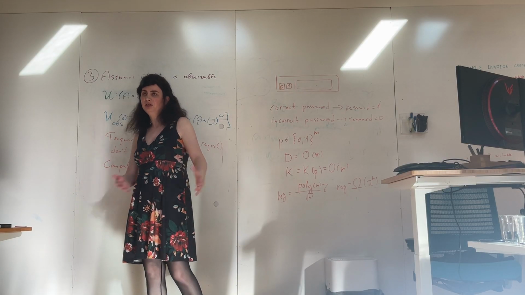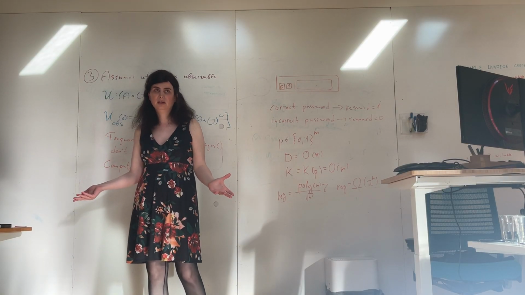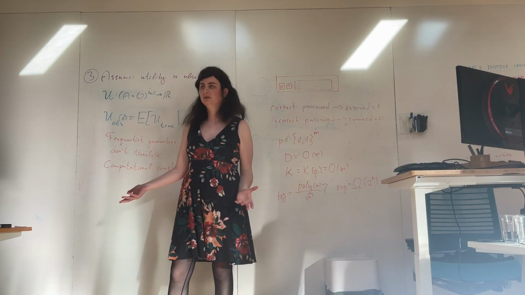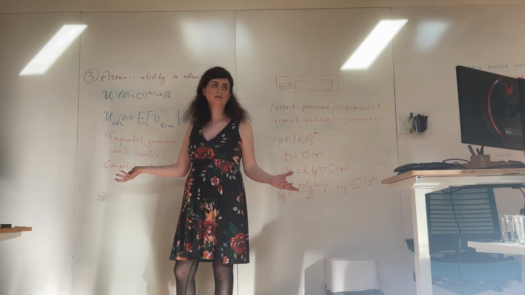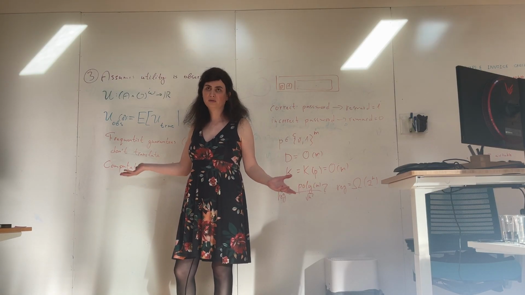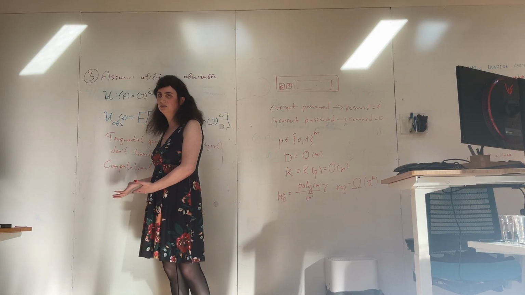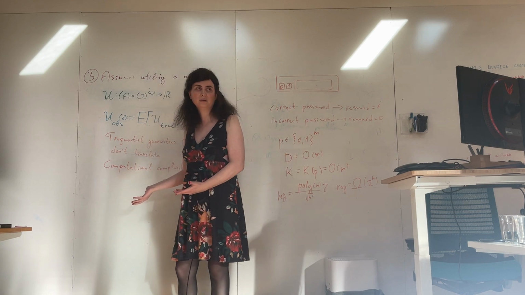It means that they share the same utility function in some sense. But how can they share the same utility function if their utility functions are not even in the same domain? What does it even mean? So we need to engage with these questions to be able to talk about alignment at all.